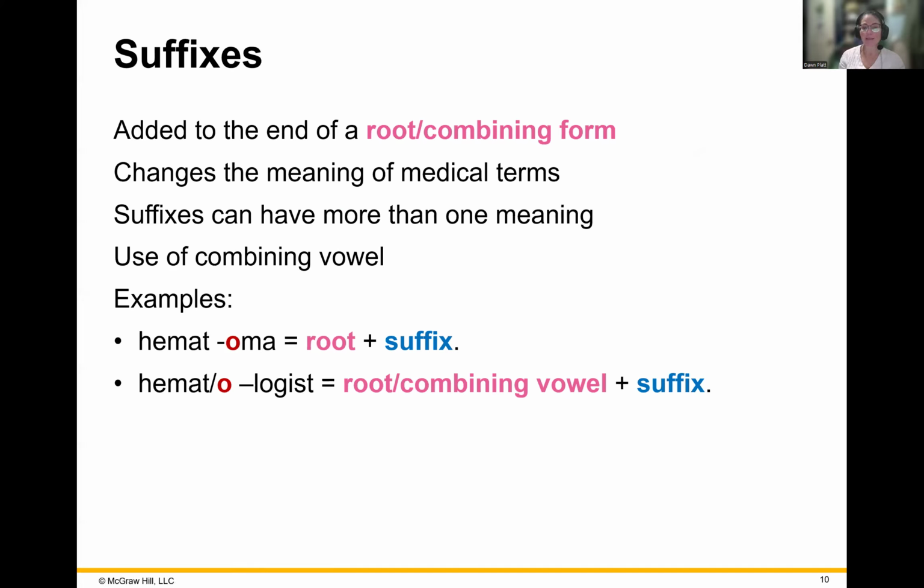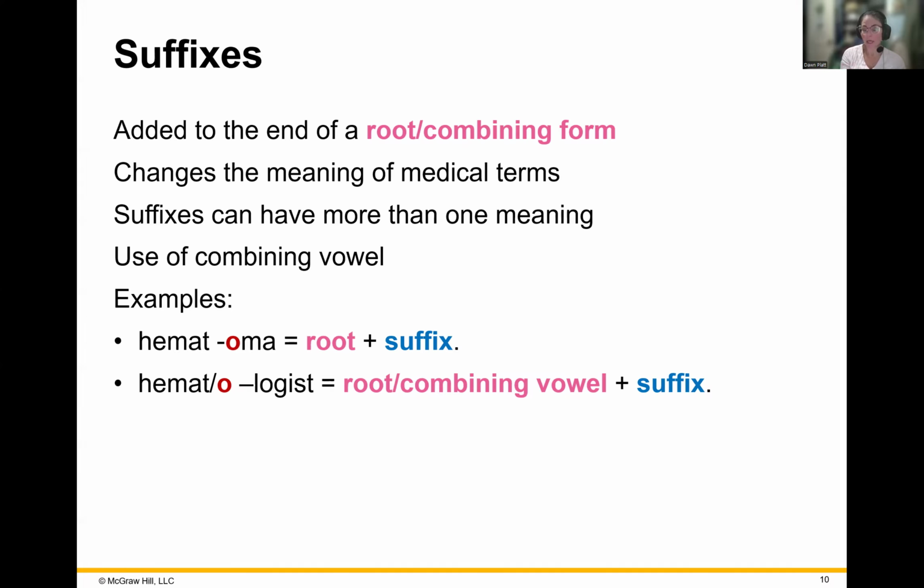So some examples on the bottom, take a look at hematoma. Hematoma means a mass of blood. Hemat means blood. Oma is a mass or tumor. The following one, hematologist, is a root word, a combining form, plus a suffix.